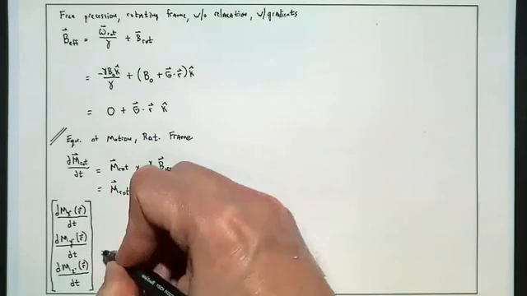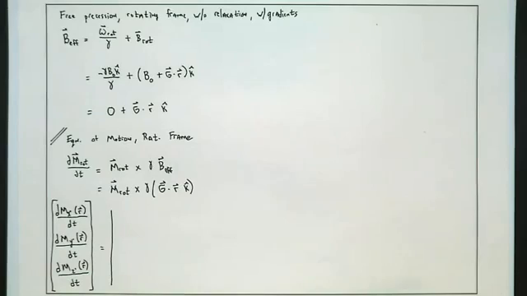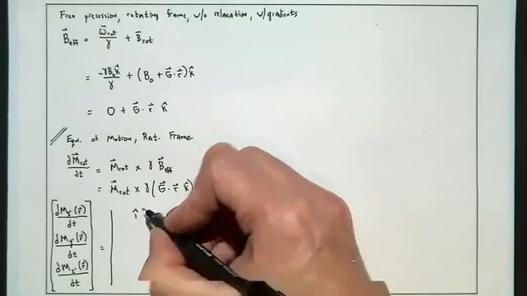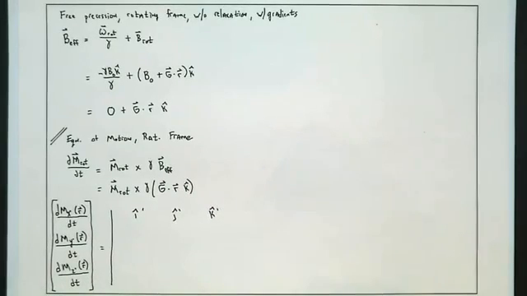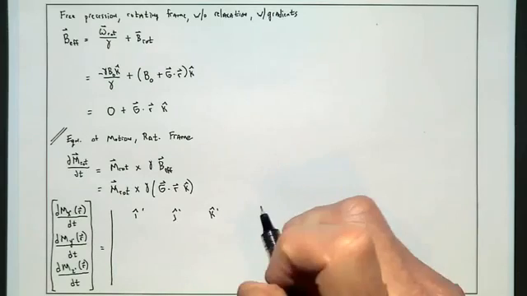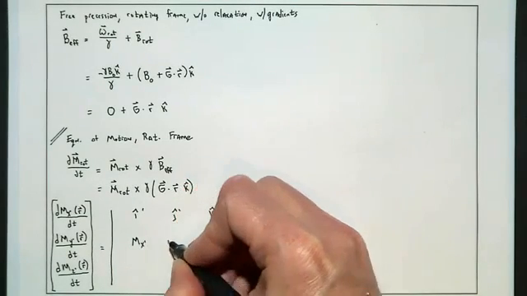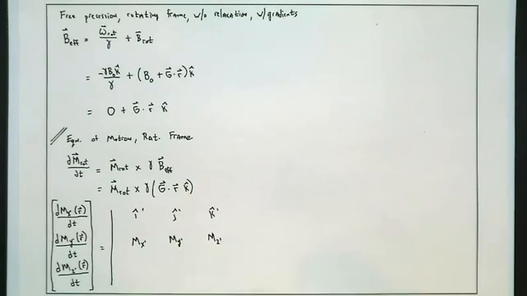expanded from up above. Now we have to carry out this determinant that accounts for the cross product. We know we have in the top row the i hat prime, the j hat prime, and the k hat prime directions. We know that our magnetization in the rotating frame is just mx prime, my prime, and mz prime.